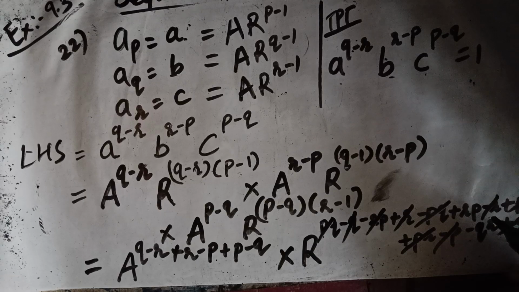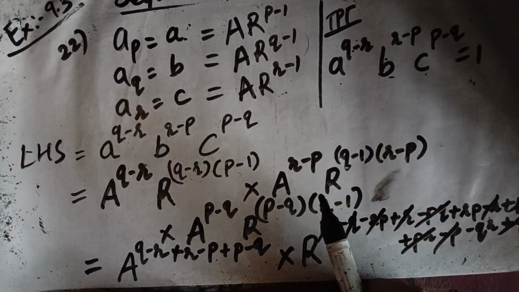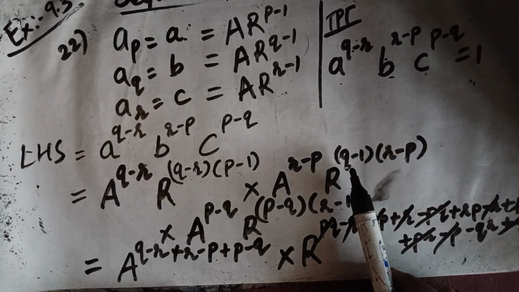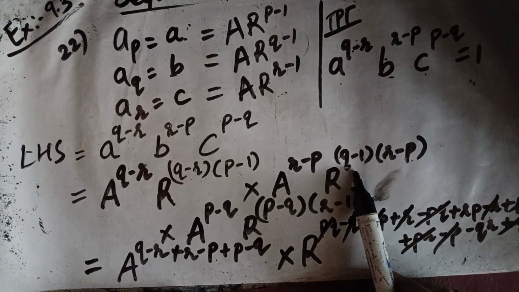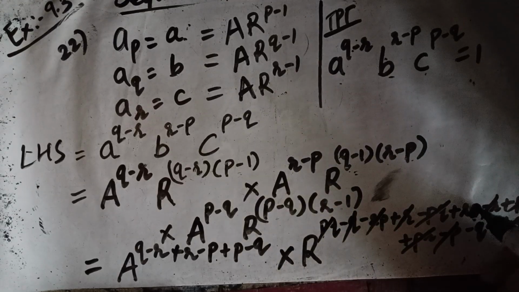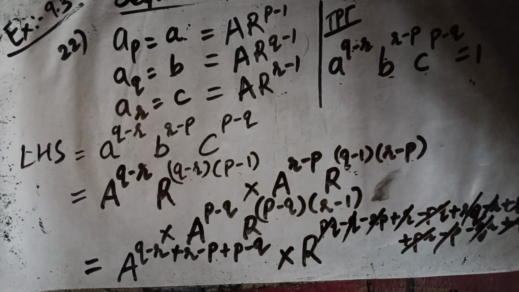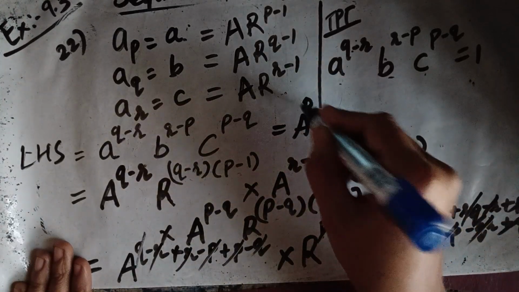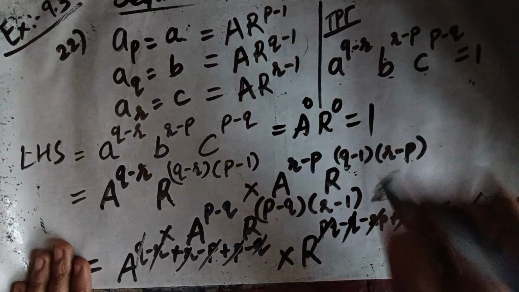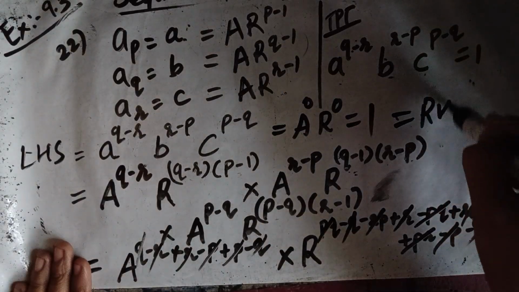So the second term is PQ, RQ. Okay, this is RQ. This also gets cancelled. So this is 0. This is also 0. So we are getting A raised to 0 into R raised to 0, which is 1. So this is our RHS.